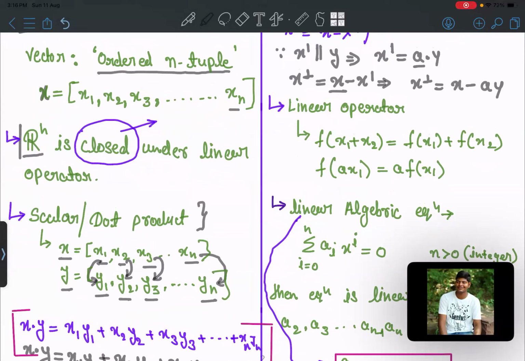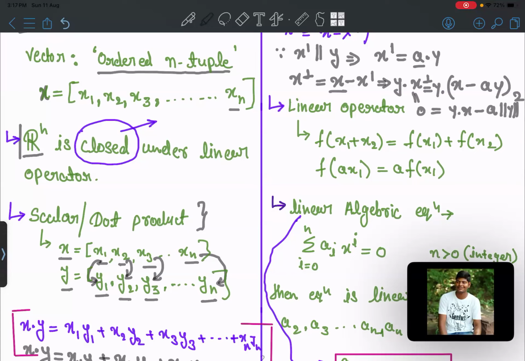Now we take the dot product with y on both sides. Since y and x perpendicular are perpendicular, this will lead to 0 equal to y dot x minus a y dot y, which gives the norm of y squared, the magnitude of y squared.